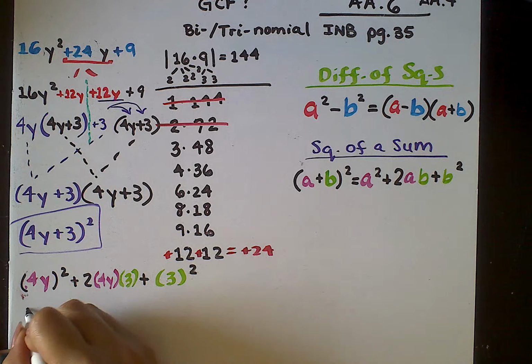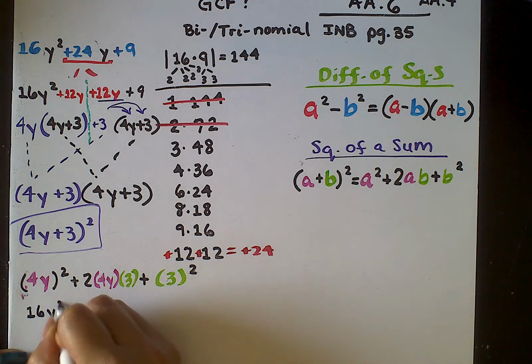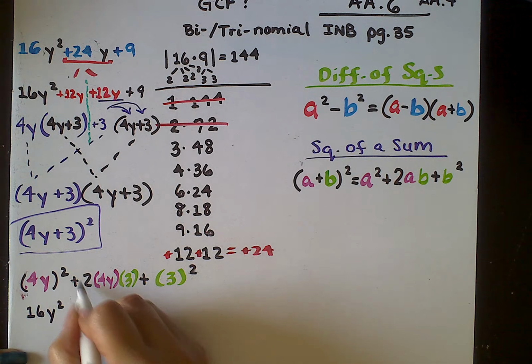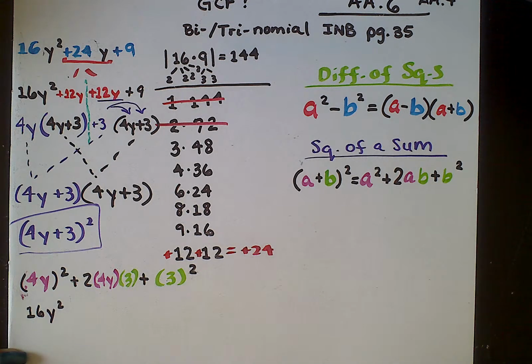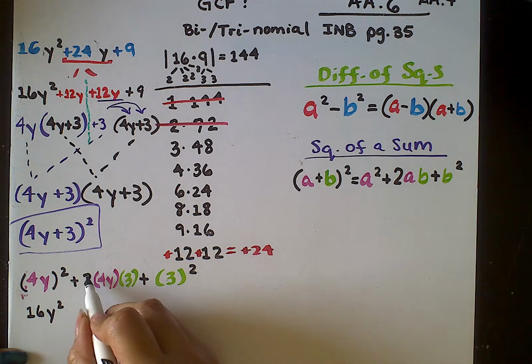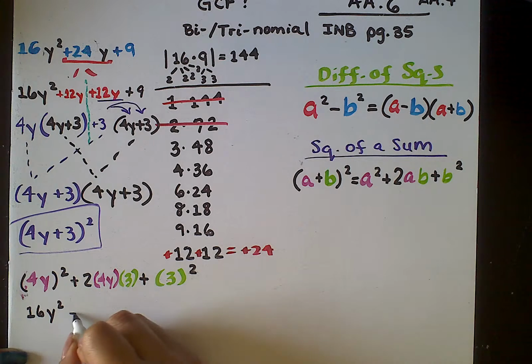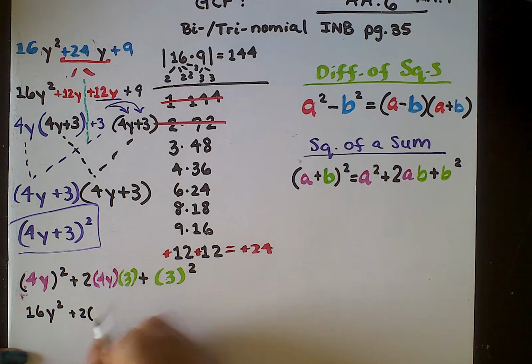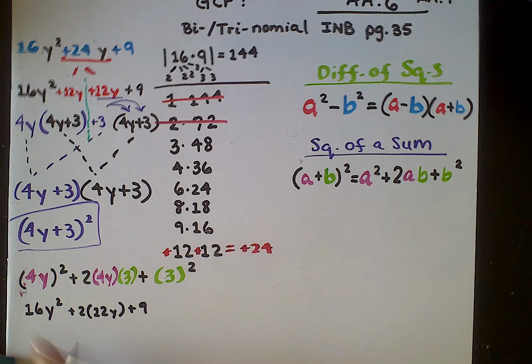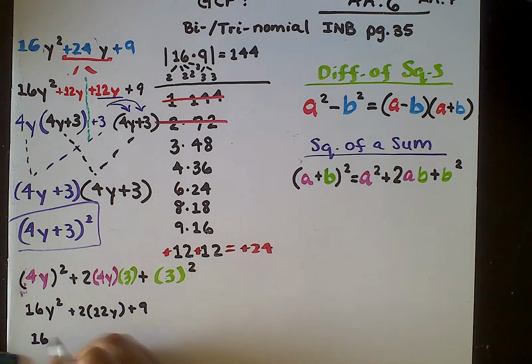Well, that's going to give me 16y squared. And now here, you can do this pretty much any way you wish. I'd probably leave the 2 to the end. I would say plus 2 times 12y plus 9, which ends up giving me, yeah, the exact same answer as in the beginning.